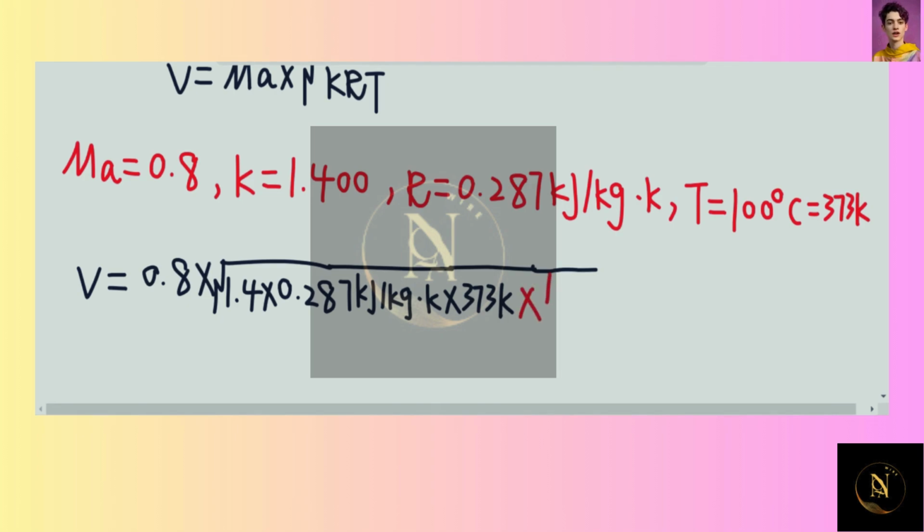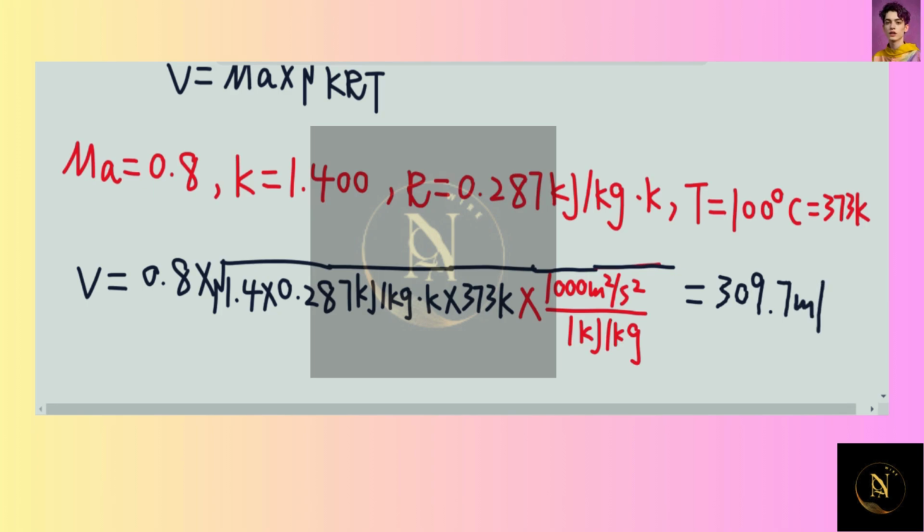It's about 1,000 meter squared per second squared over 1 kilojoule per kilogram. And this will give us the velocity is about 309.7 meter per second.